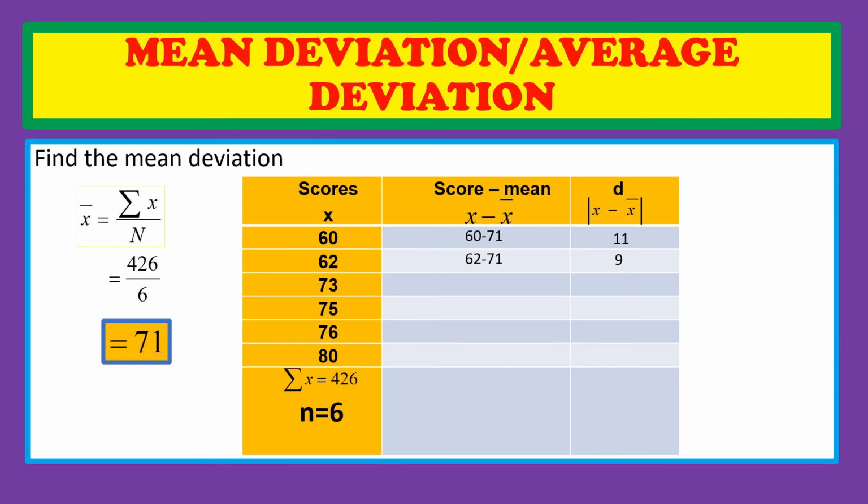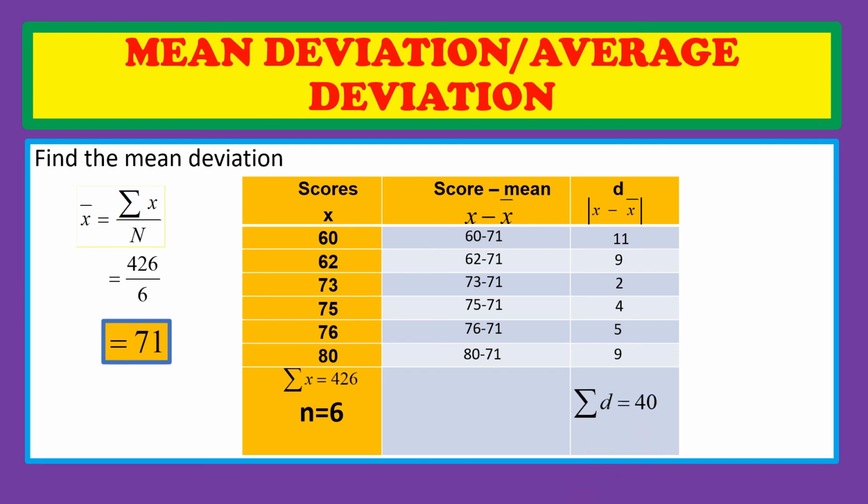The result is 9. 73 minus 71. The result is 2. 75 minus 71. The result is 4. 76 minus 71. That is 5. 80 minus 71. That is 9. Then we will find the summation of d, or the summation of the absolute value of the score minus the mean. What is the result?